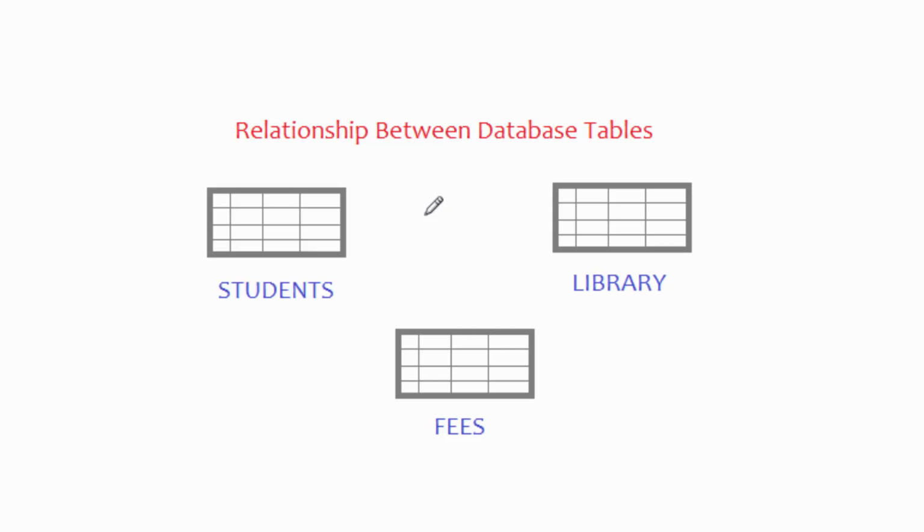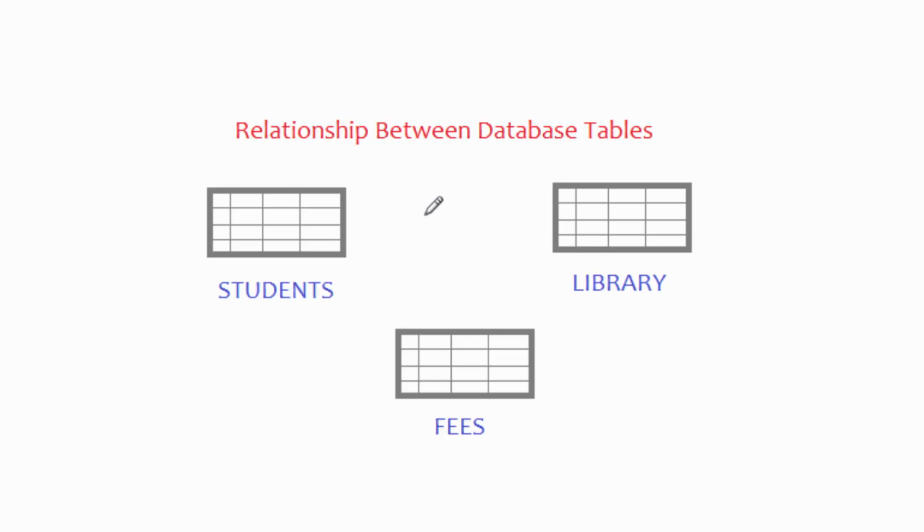And these three tables are very important because if we decide to put everything in one table, it will be very difficult to manage and the information flow will be inconsistent and difficult to retrieve.